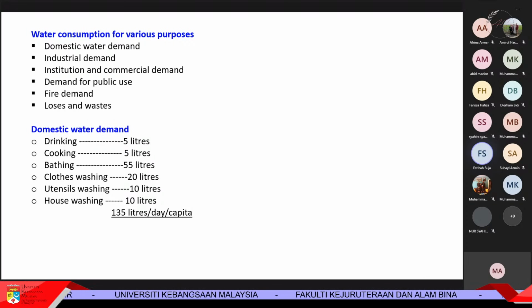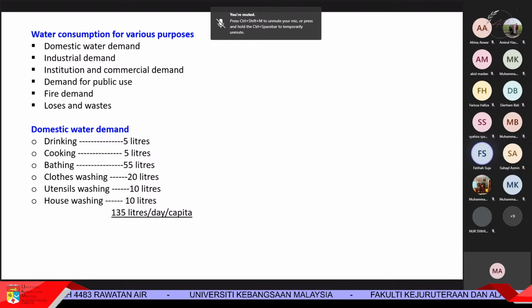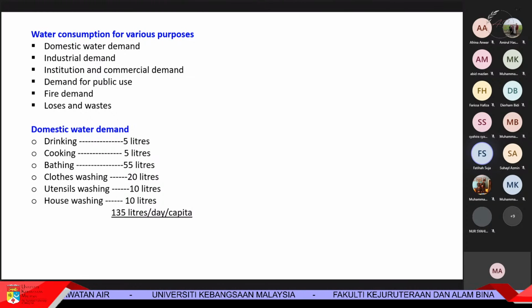And then you also have fire demand during fire breakdowns. You need a large quantity of water to extinguish the fire. Therefore, usually a provision is made in the waterworks to make sure that a sufficient quantity of water is kept as reserve in the water mains for this purpose.